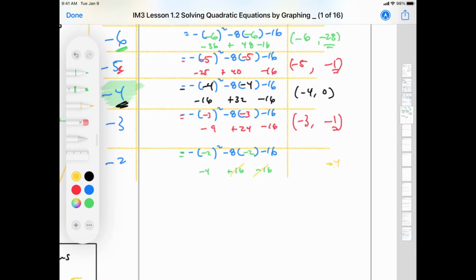What happened? 36, -36, 48, 12. 12 minus 16 is -4. Do you guys see that? I was kind of like, okay, one of them's going to be wrong. Good thing for erasers. We make mistakes, that's okay. Okay, that's -4. And this one will be -2, comma, -4.